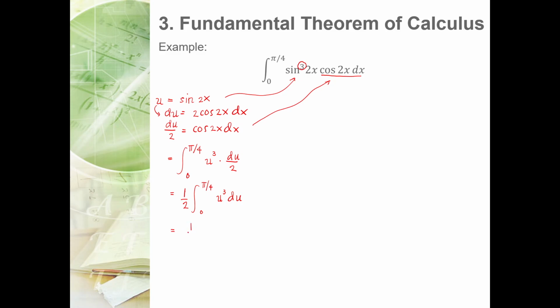So basic formula, this is u to the power of 4 all over 4. But then bring back the value of u. So this is sine to the power of 4, 2x all over 8. And then apply the limits of integration, from 0 to pi over 4.